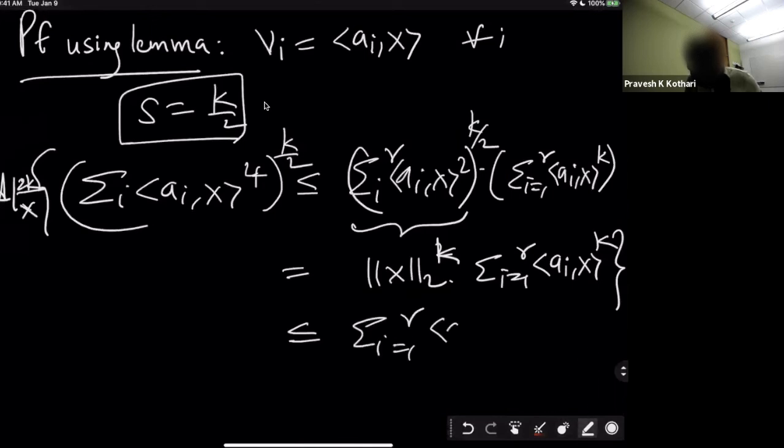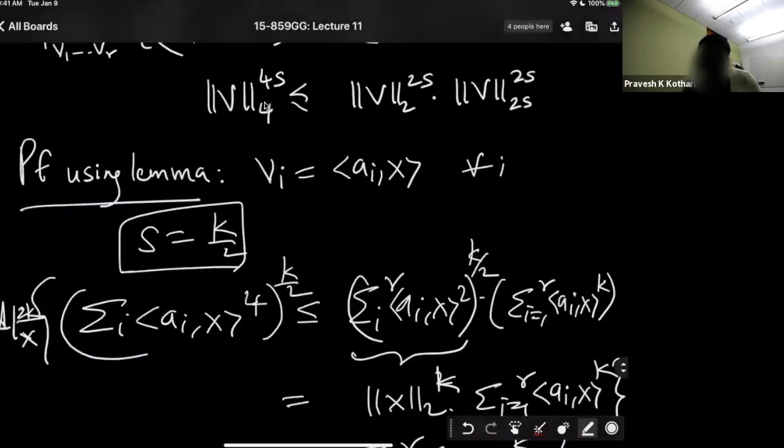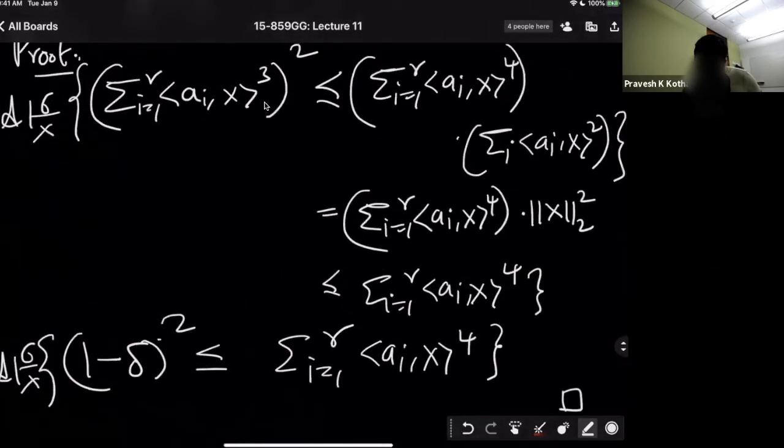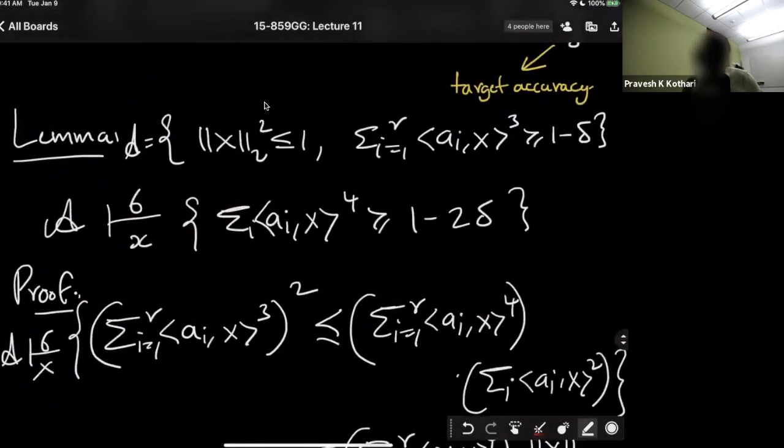And so now I really like the right hand side over here. I wanted to lower bound the right hand side, right? That's what my goal was. And the left hand side is something that we already proved. So in this first version of the lemma that we proved here, we proved that the same constraints derive that the sum of (ai dot x) to the 4 is at least 1 minus 2 delta.